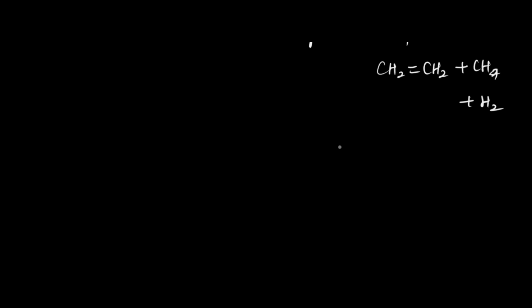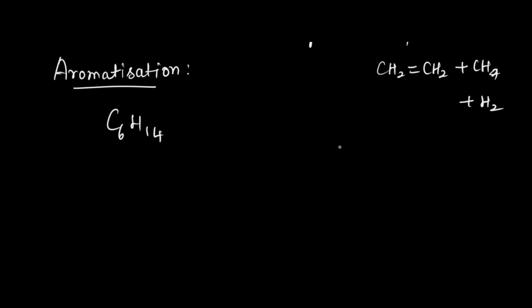Okay. Then the last reaction, that is aromatization. We'll see what aromatic compounds are. Aromatization is formation of an aromatic compound. I'm taking C6H14 as an alkane and treating it with chromic oxide or vanadium pentoxide or molybdenum oxide at high temperature and pressure, not so high, but 770 Kelvin, 10 to 12 atm pressure.